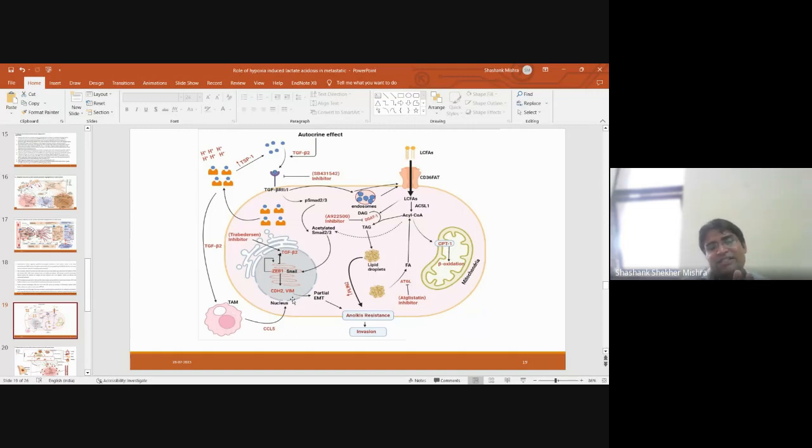CDH2 and vimentin proteins form a linkage between the adjacent tumor cells along with the basement membrane. So once their formation is inhibited, it helps in the epithelial to mesenchymal transition, and ultimately it also helps in the invasion process.